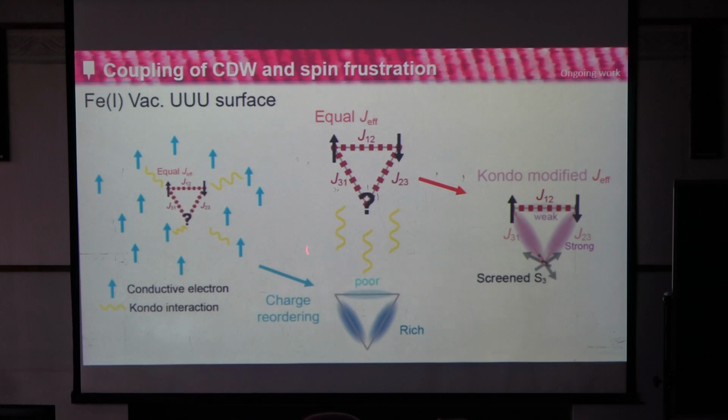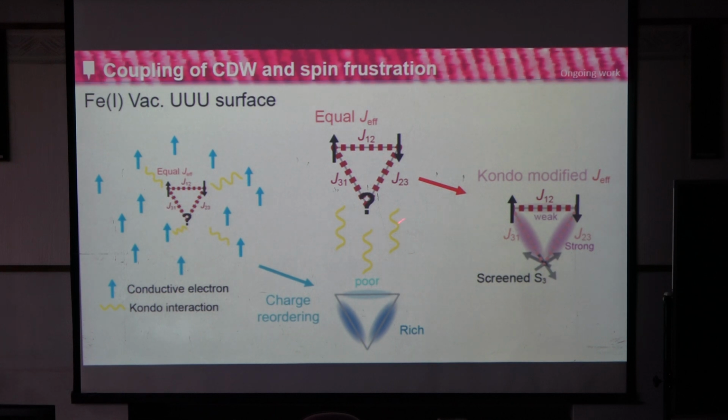And this charge reordering also has the Kondo interaction with the localized spin, and it will result in different Kondo screening between each localized spin.